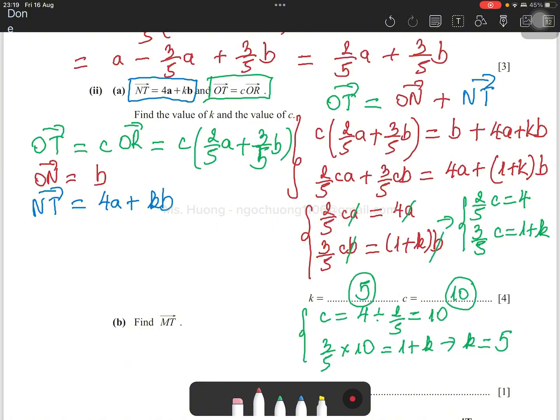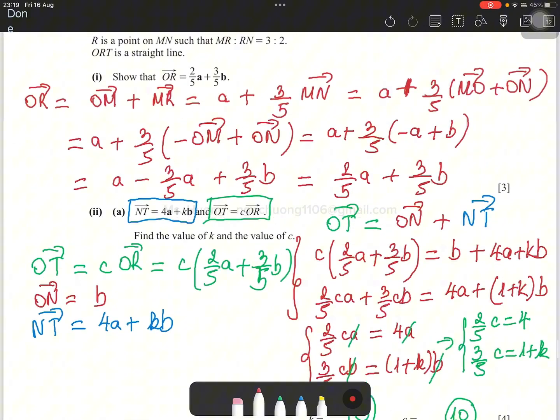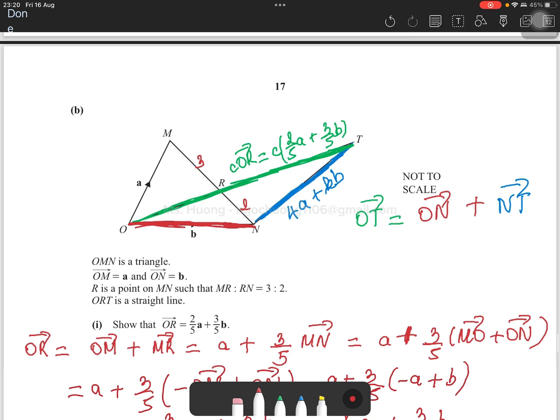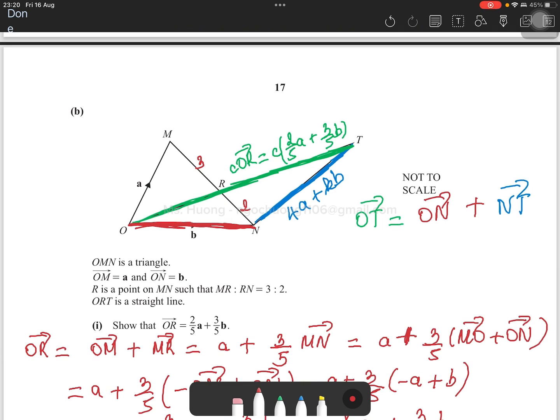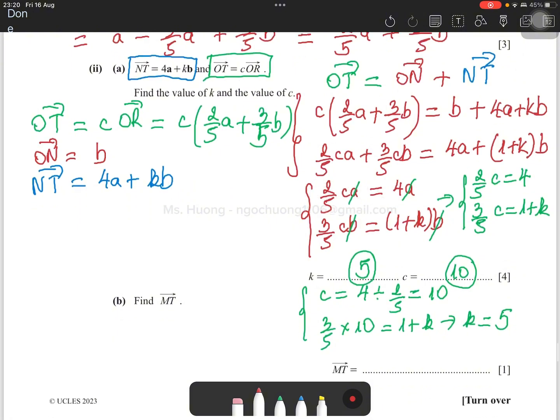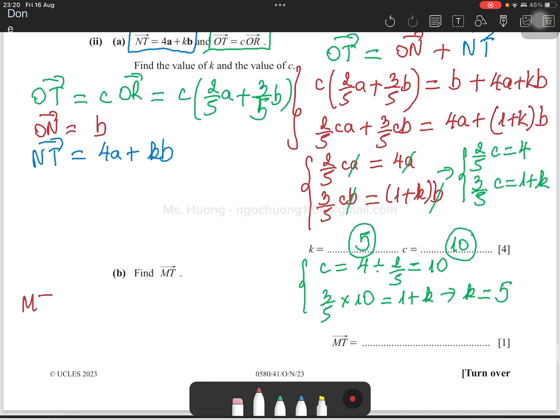Question B. Find the vector MT. Look at the diagram. The vector MT is equal to vector MO plus OT.